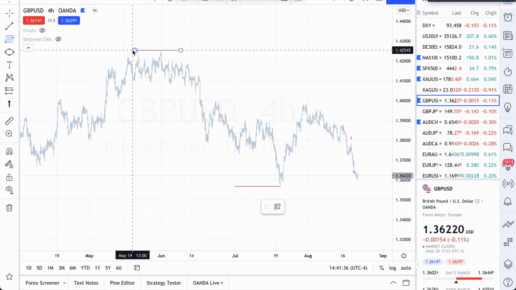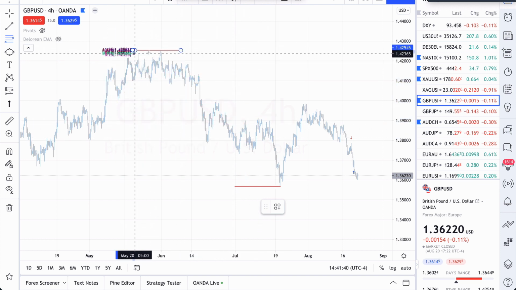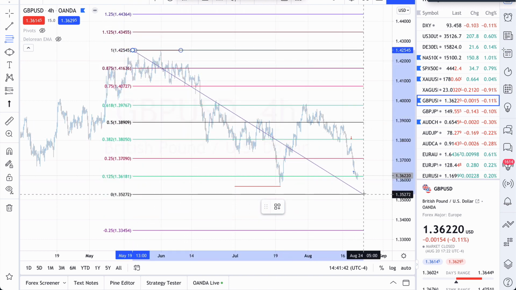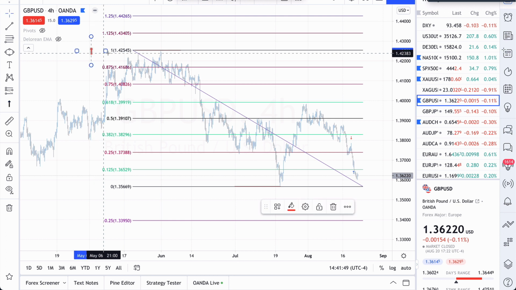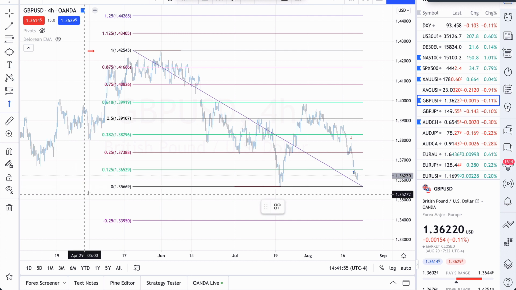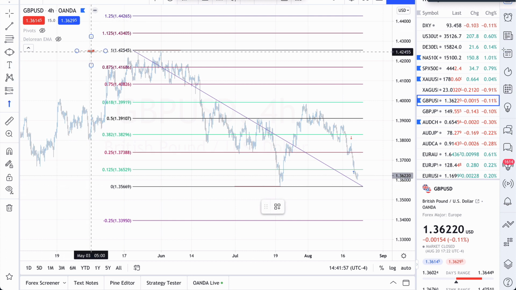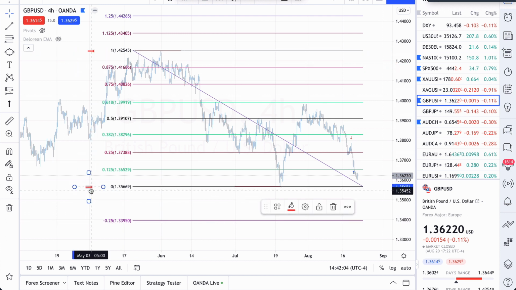Notice my dashes are right on the line. I'm going from top left to bottom right. I stop at 0. So where I start is 1, where I stop is 0. From 1 to 0.